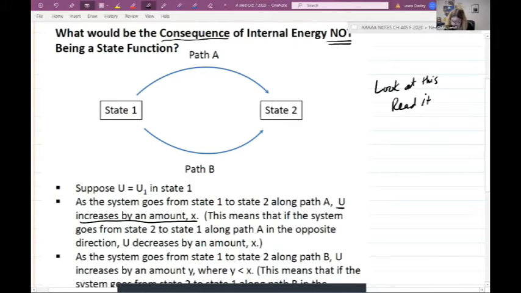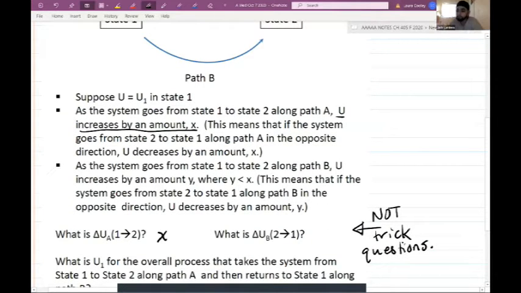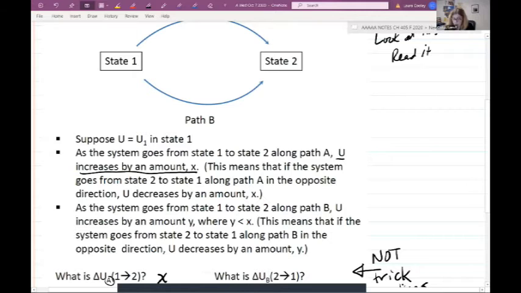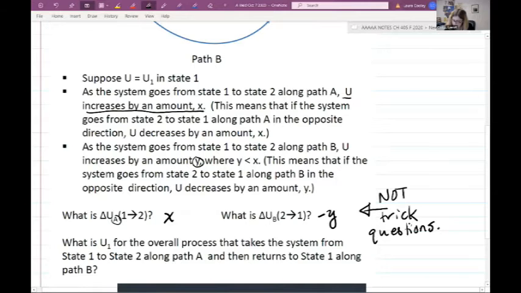Delta U along path A, going from state 1 to 2, would be X. And now what it's telling you is if U was path dependent, and you went along a different path, path B, it would increase by an amount Y, where for the sake of argument, Y is greater than X. So that would mean that if you went in the opposite direction from 2 to 1, it would be minus Y.